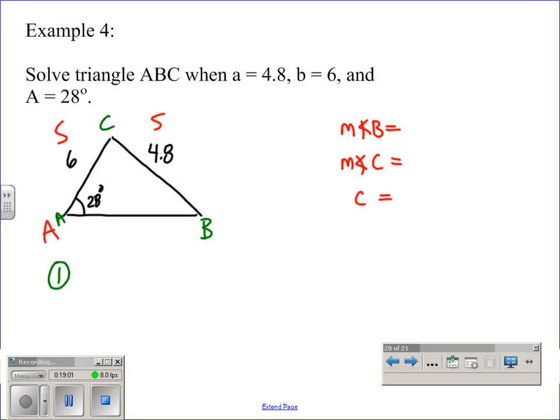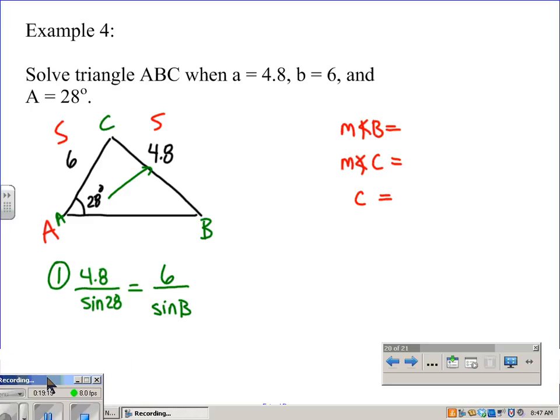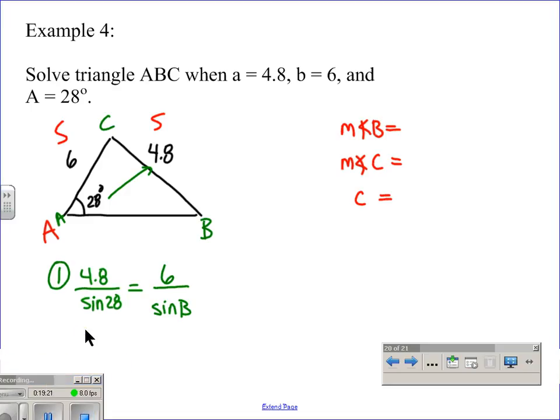So I set up the ratio. We know that this pair here is going to be very helpful. So 4.8 over the sine of 28 is going to be equal to 6 over the sine of B. Now I'm just going to solve here.